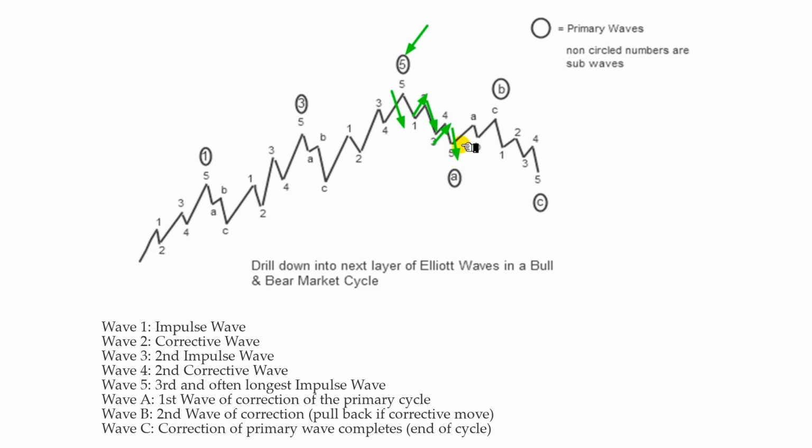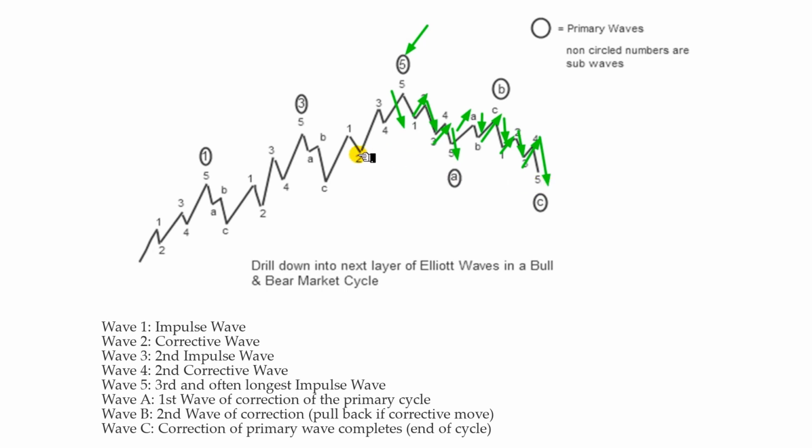Then the lettered phase of a correction against the primary move, A, B, and C, and then typically another down move, which would be the final down move of the bear market. 1, 2, 3, 4, 5.